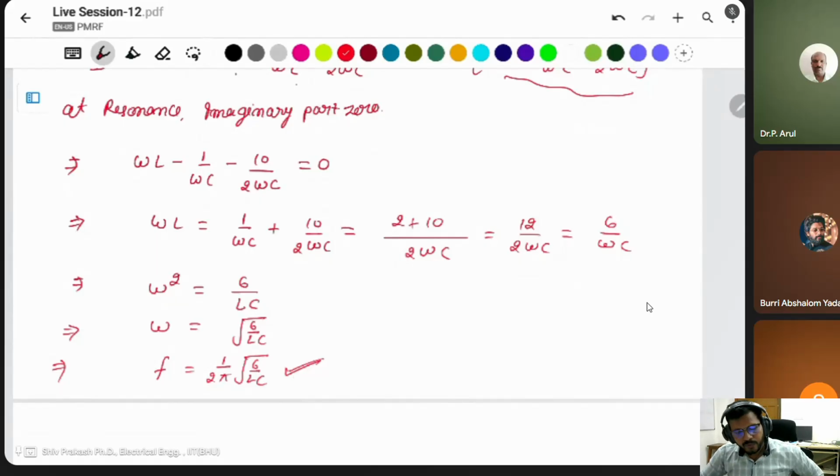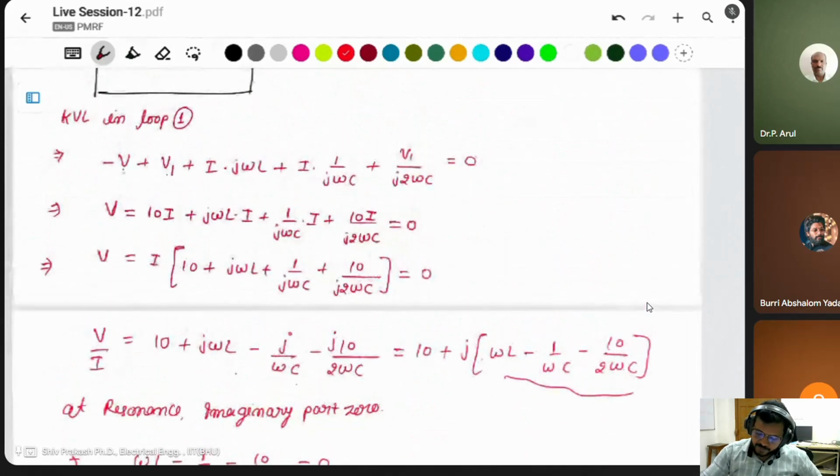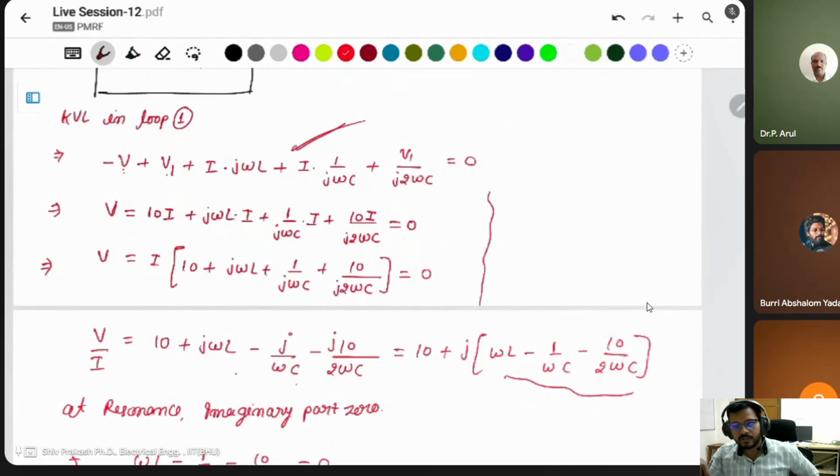You have to use the calculator only once. Put the value of L and C, find the frequency. If you put the values of L and C earlier, all the calculation you have to do using a calculator, and that takes a long time to solve this type of question.